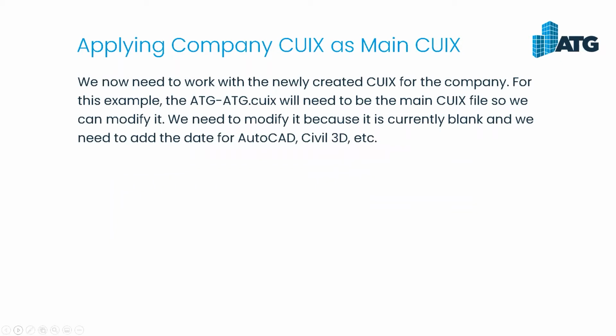What this looks like is we need to make a CUI so we can modify it. If we want to be able to modify it, it needs to be in the CUI main. I'll show you this here in a minute. If it was in the CUI enterprise, we cannot modify that one.